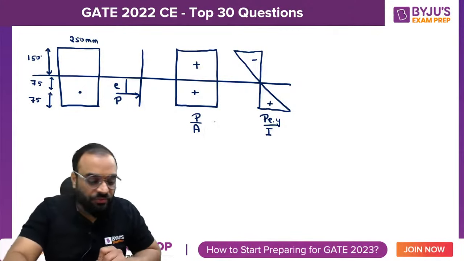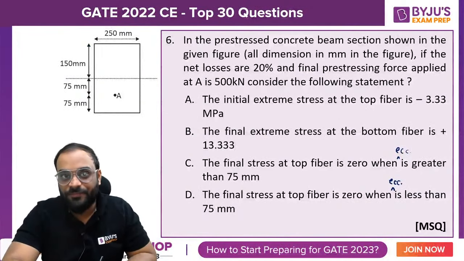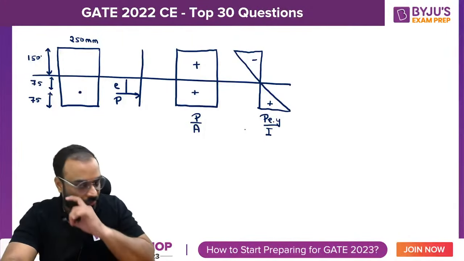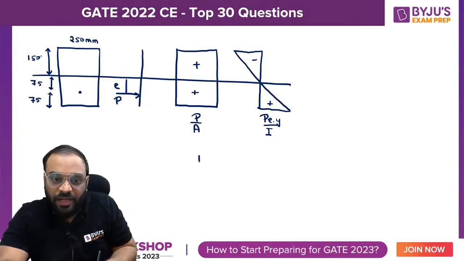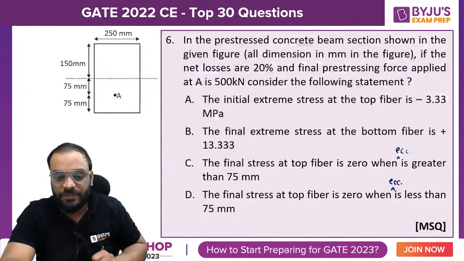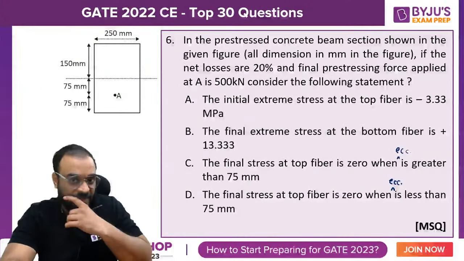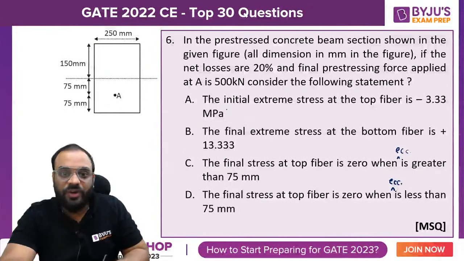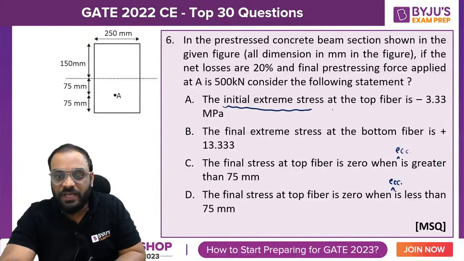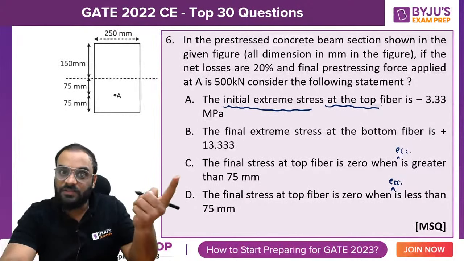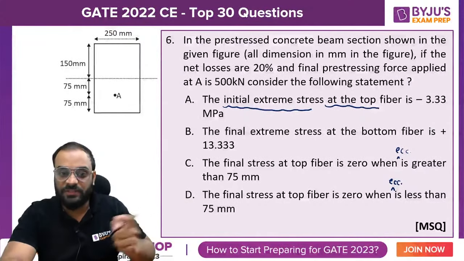Now our task is to find out the stress at the top fiber, right? At the top fiber, okay? So at the top fiber, the value will be P by A minus PEY by I. Now listen, guys. Listen very carefully. Our task is to find out the initial extreme stress at the top fiber. Initial means you need to find out the initial stresses, okay?